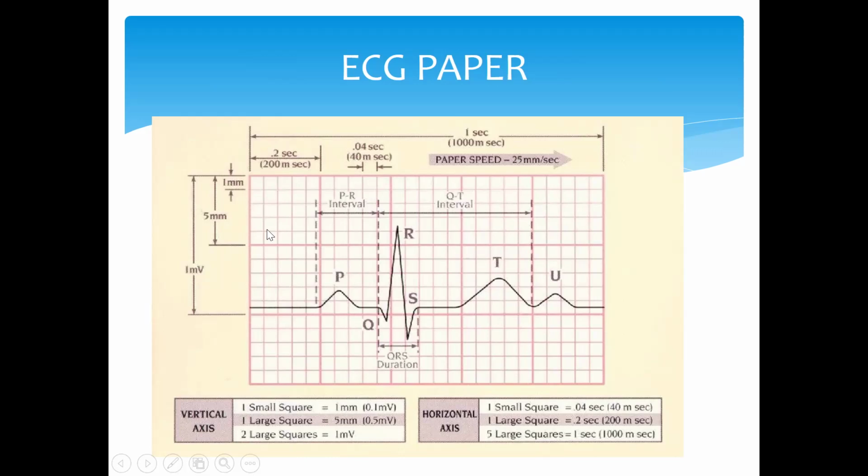One large box is equal to 0.2 second or 5 mm, and one large box is also equal to 0.5 millivolt, or two large boxes, or 10 small boxes vertically, is equal to 1 millivolt. This is the QRS, this is the P wave, this is the PQ segment, this is the ST segment. These two are the segments.